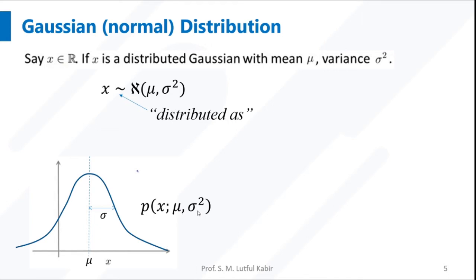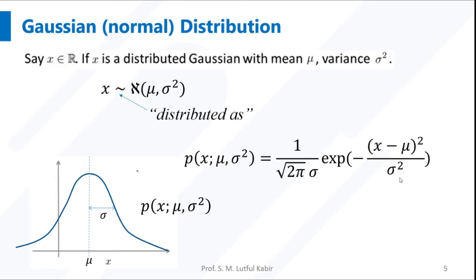These are two constants and x is variable. So p(x; mu, sigma square) is nothing but this particular curve, where the maximum point is called mu, and mu is actually the mean of x over the distribution, and sigma is the width of the curve.